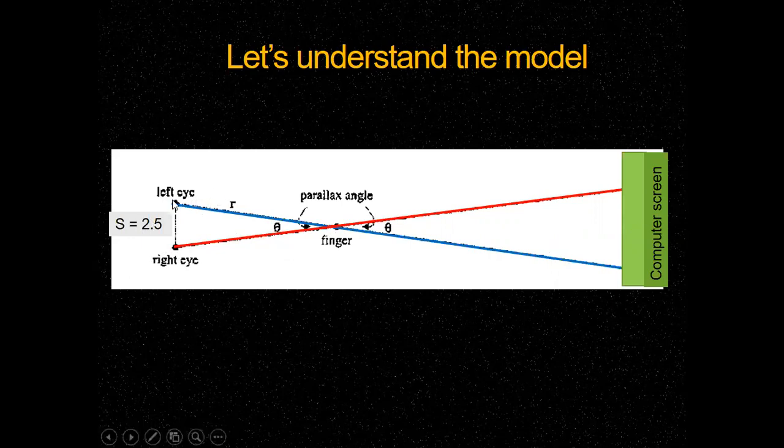So this is your Earth in January, and this is Earth in June, and then that's the star that you're looking at. And this angle over here will be theta, that's the parallax angle, and the r, the distance from the Earth to the star. So that way you can measure the distance over here.